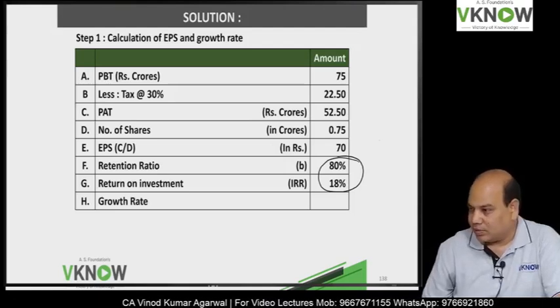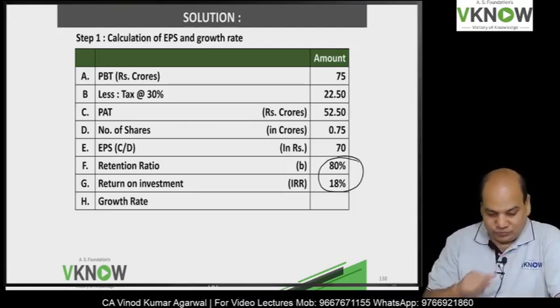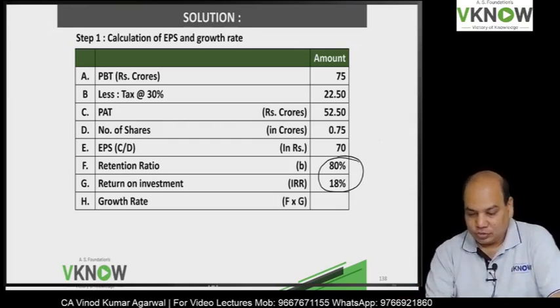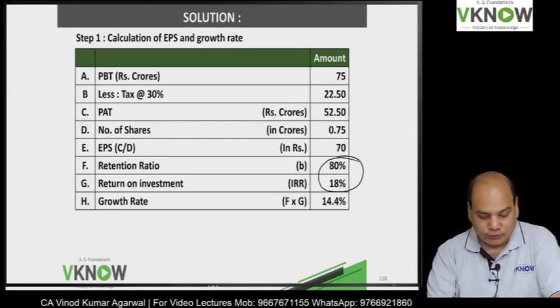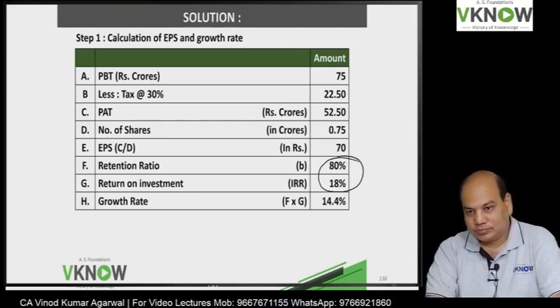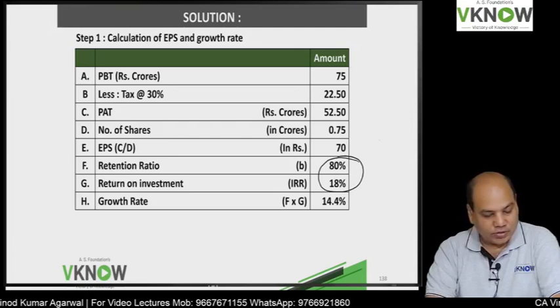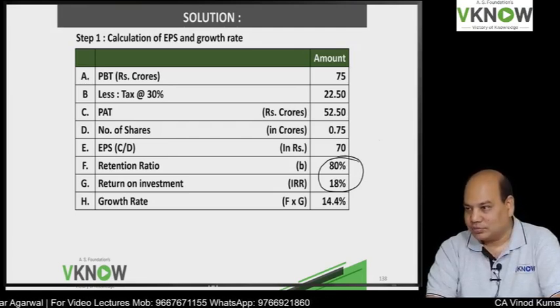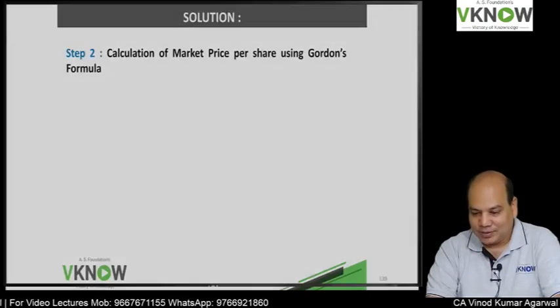Yes, Kabra, please reply. Growth rate is 14.4%. Very good. So if you write this much, out of 5 marks, you will get 1 or 2 marks. That is how the marking will be done.